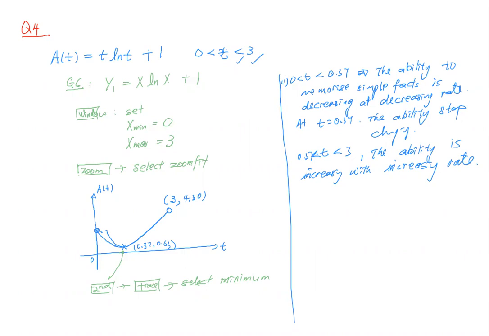So if the rate is 0, it means it stops changing. In this case, it stops decreasing, am I right? Then it starts to increase.